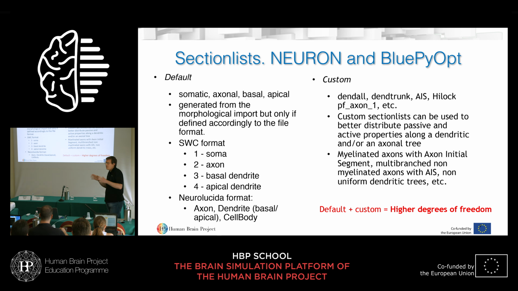For example, placing specific channels in a specific location, since basal and apical were too strict for them. So I can create a myelinated axon. I can do a multi-branched axon with the initial segment, and so on. So you can combine them. You can have the default section lists plus a custom section list you create. You have a higher degree of freedom.